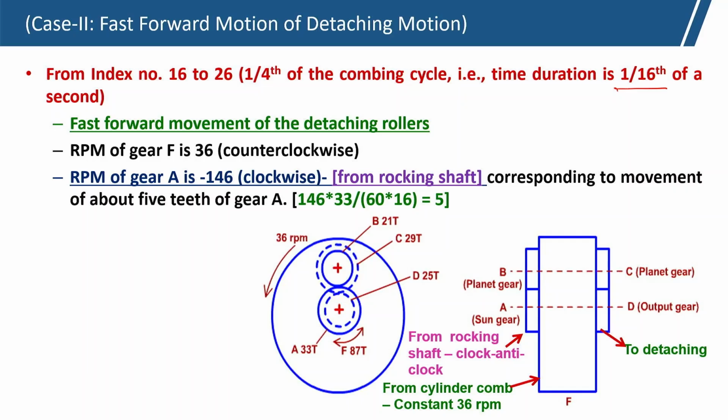So, gear A rotates in clockwise direction minus 146 RPM, that we get from the gearing system, from the rocking shaft, and corresponding to the movement about the 5 teeth of the movement. So, minus 146 RPM.